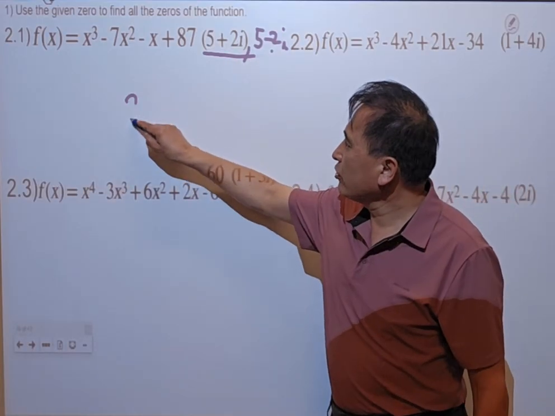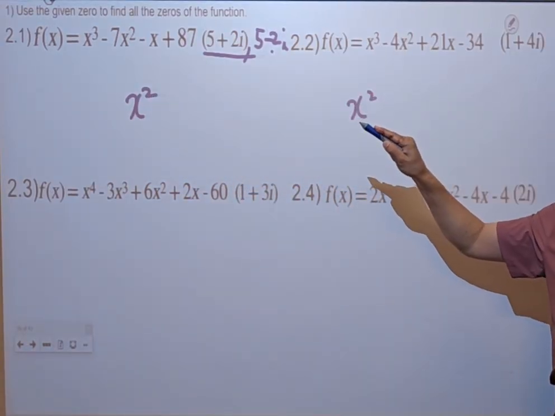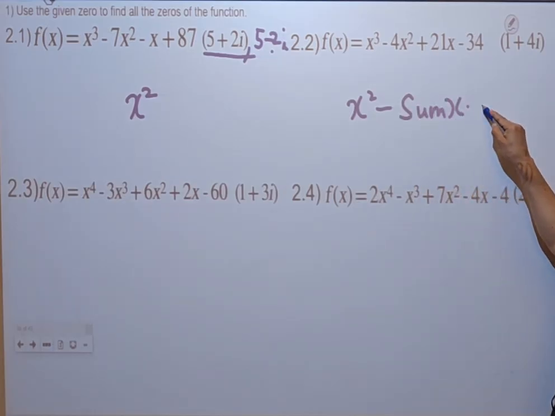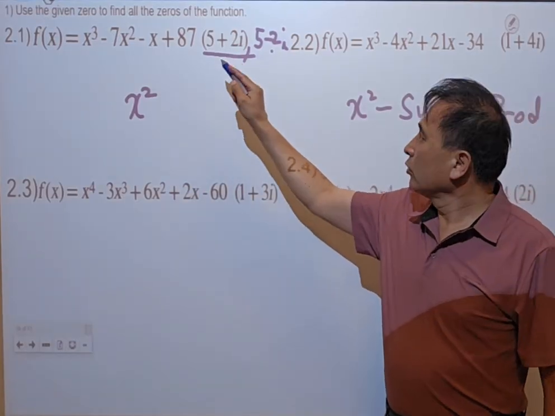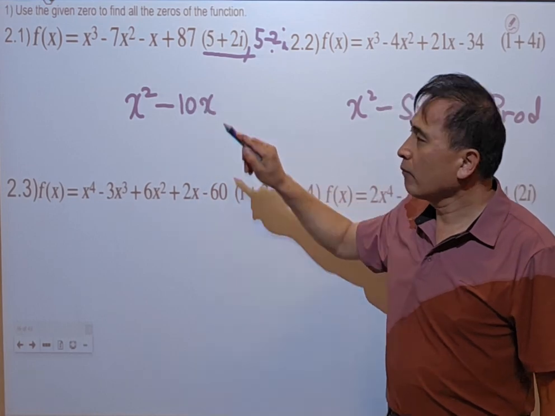Do you remember x squared? When there are two zeros, x squared minus the sum of the two zeros plus the product should be a factor. Remember that? So the sum is what? You cancel the imaginary parts out, 10. So minus the sum, so minus 10x, right?